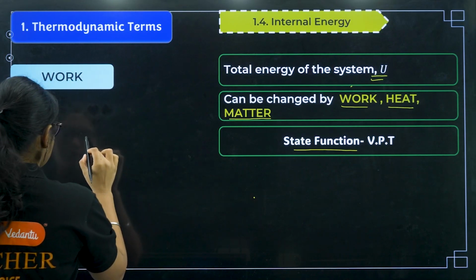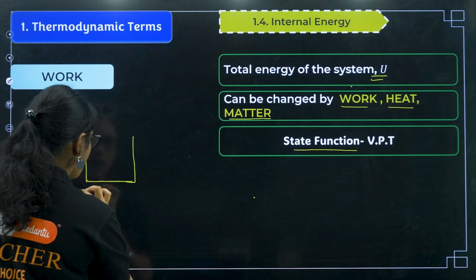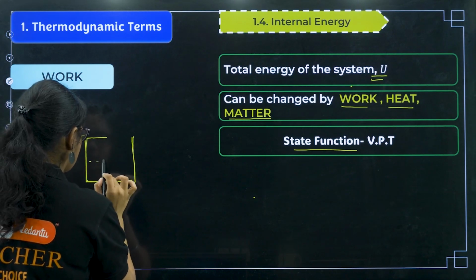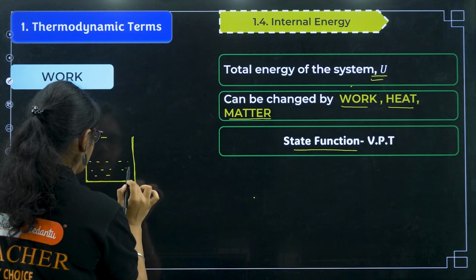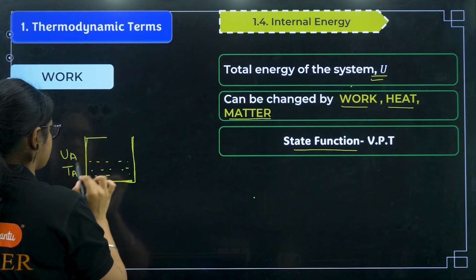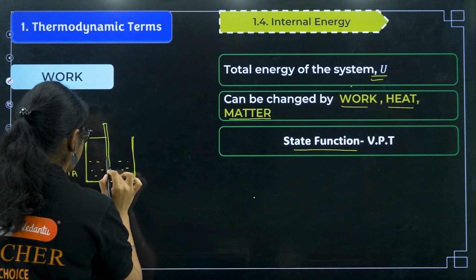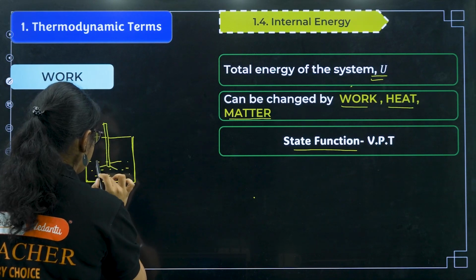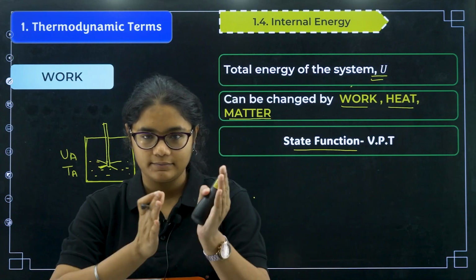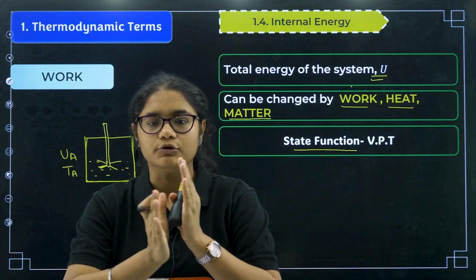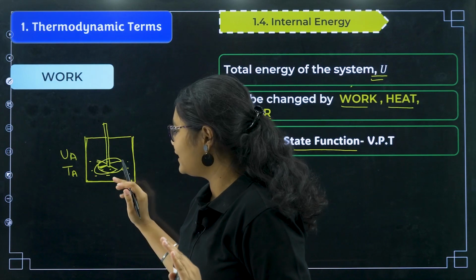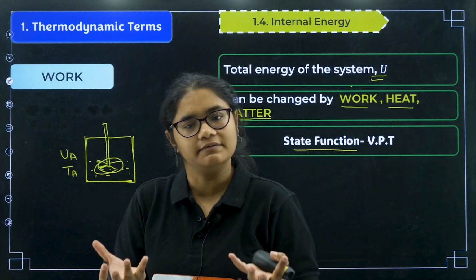Now suppose you have a closed vessel, and here you have some water. The temperature of this one is TA and the internal energy of the system is UA. Now you have a rod here. Now what you did, you churned this stick, and as a result it rotated, and the energy of the particles there will increase.